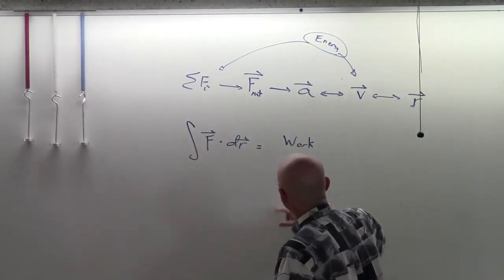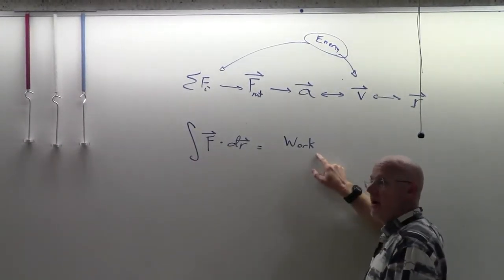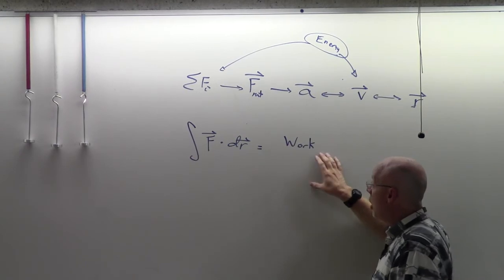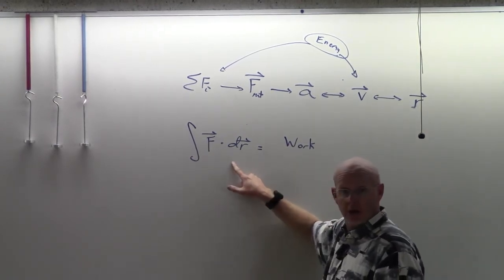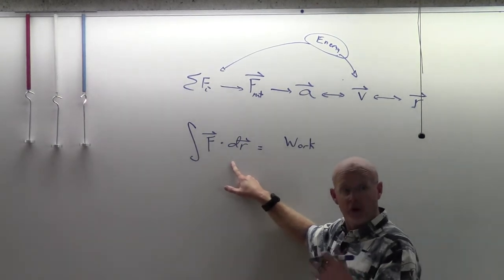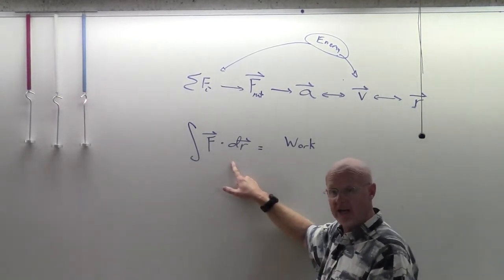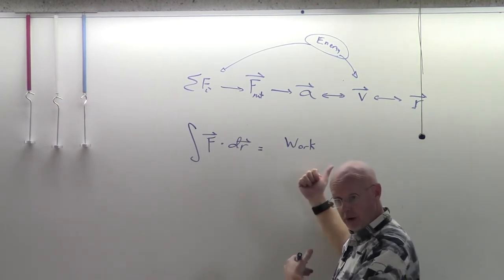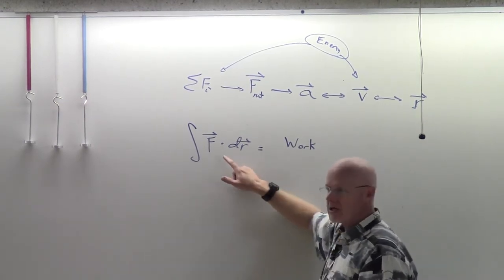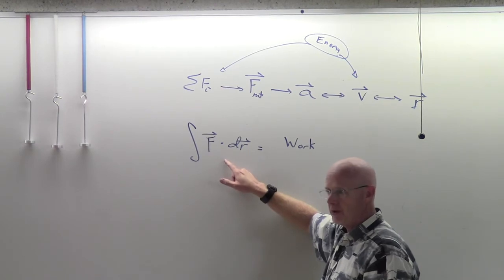But let's say that I already know the work, but I'm after the force. For this last hour, we've been going the other way around. We've been saying, if I know the force, you can get the work. How can I solve this for force?